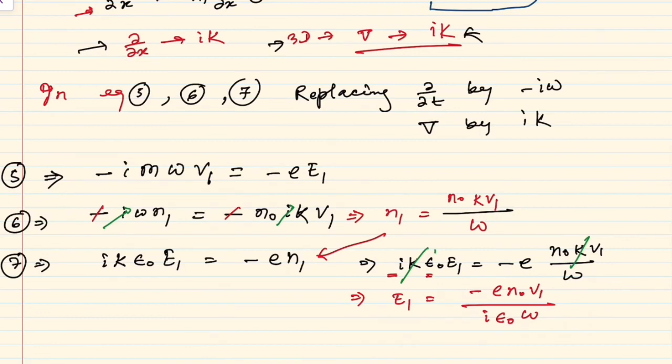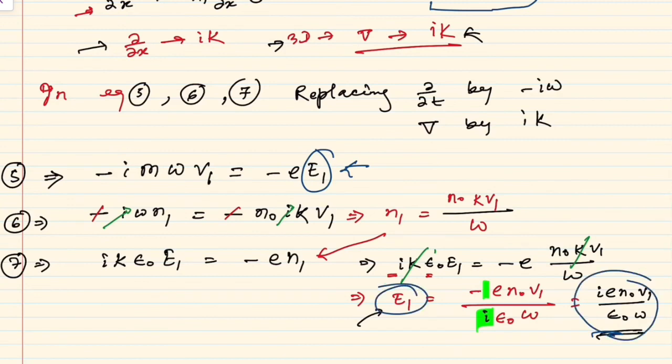Okay, so if you multiply both the numerator and denominator by i, then we will get i e n0 v1 by ε0 ω. Now let us use this value of E1 here. Let me replace this E1 by this value of E1.